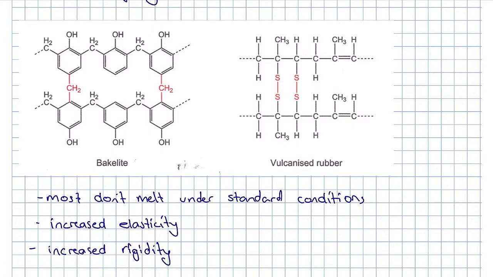So with these things, mostly their melting points increase, but realistically most of them don't melt under normal conditions. Okay, so it stays as a solid, or it will burn more than melt as such. They have increased elasticity, and that's the part that's a bit hard for us to cope with, because we don't imagine a set of dice as being elastic.